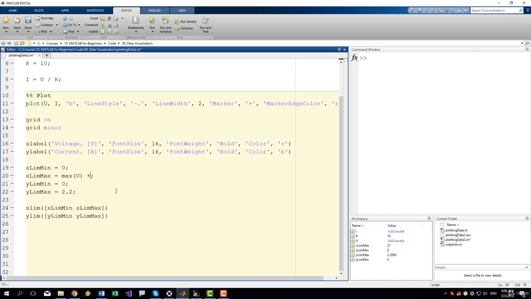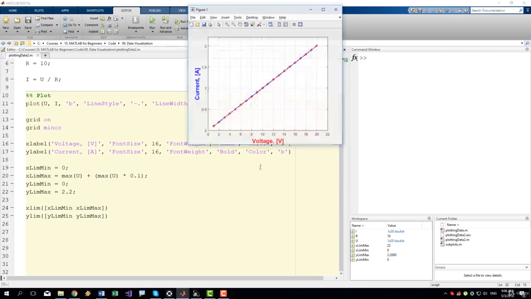So we are going to add 10% of our maximum value to the limit. So maximum plus max of u times 0.1. When we multiply max of u by 0.1, we will get 10% of that. Let's run it, and we get an x limit of 22.